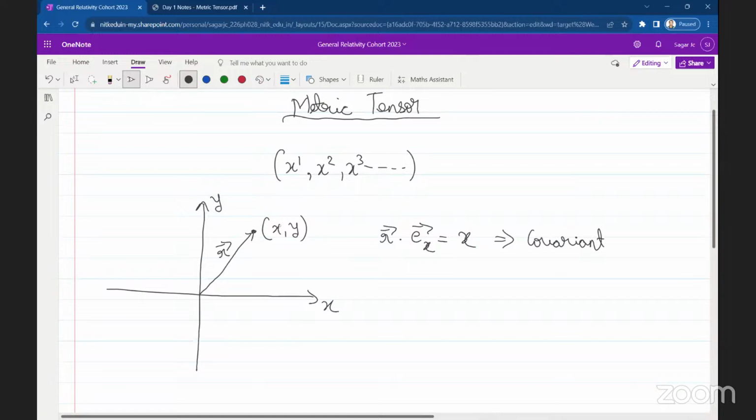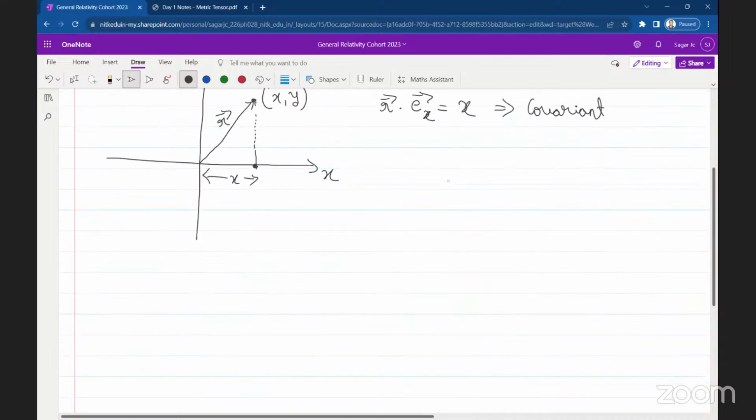But the other way is, if you want the x component, go parallel to the direction of the y-axis, like this, until it intersects. This gives you one value, and that is also a component of this r vector. But that component is called the contravariant component. It is easier to see in a non-orthogonal coordinate system, somewhat like this.